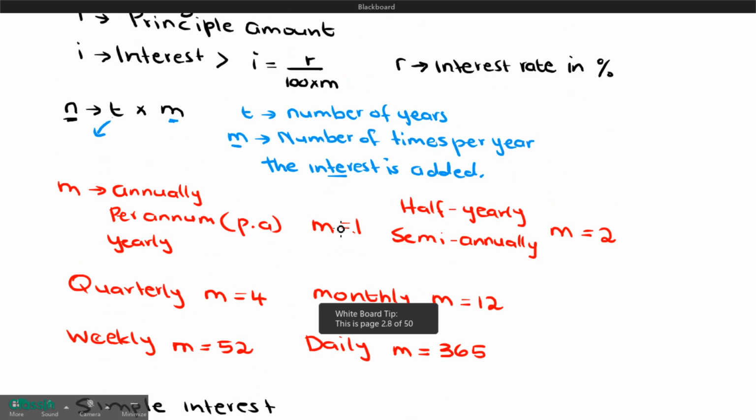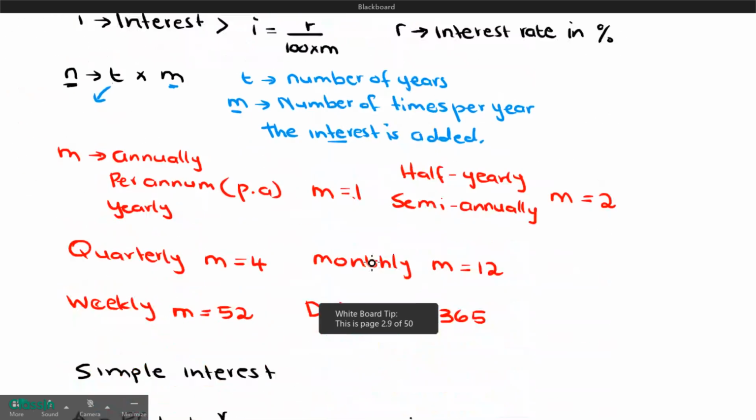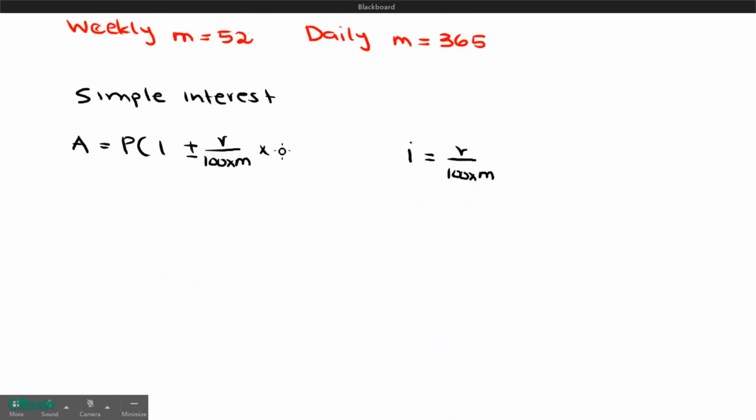Because we are using this formula, we are going to transform it. So I is R over 100 multiplied by M. But then we also have N. We said that N equals T multiplied by M. Therefore, T multiplied by M. So if we want to expand our formula, you can say T multiplied by M. It's still the same formula, just that now we expand it because we understand the meaning of I and the meaning of N. But if you don't work it like this, it's still fine.